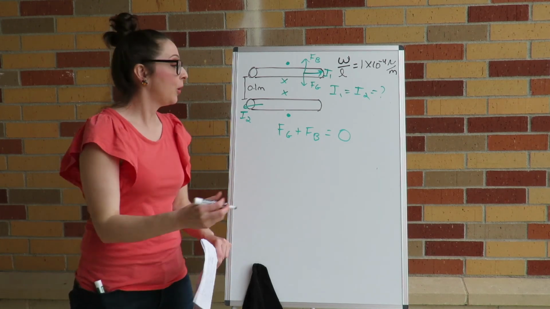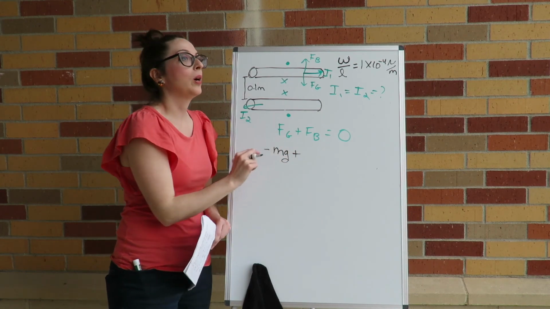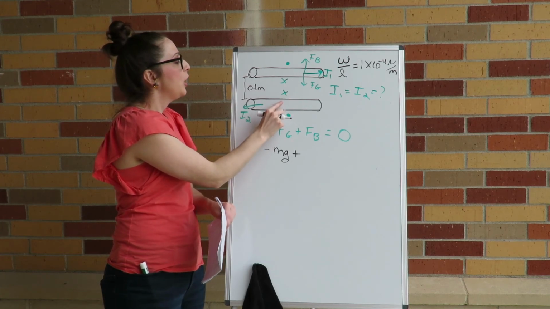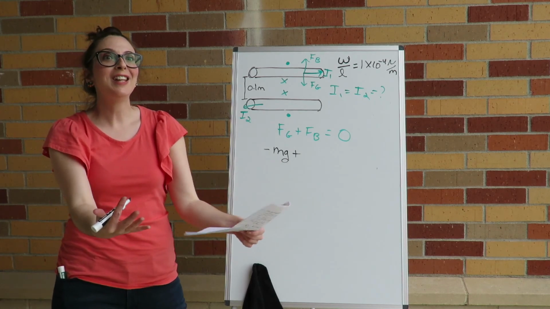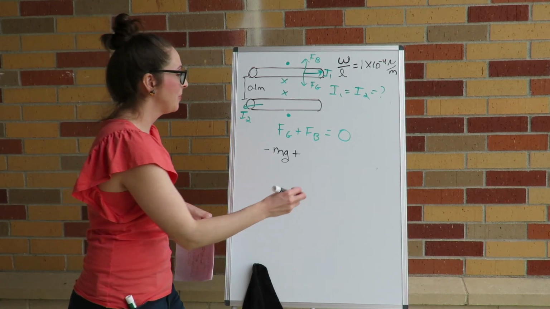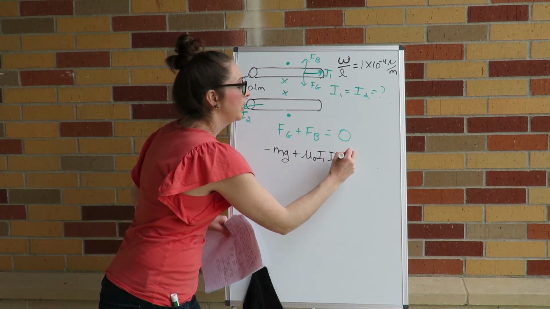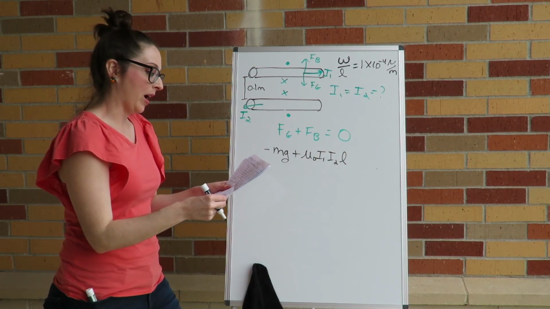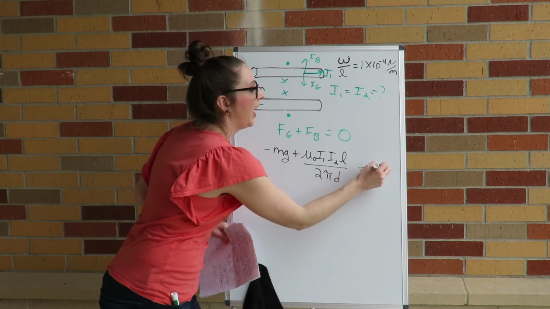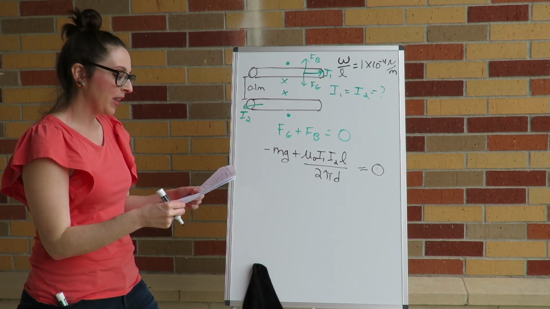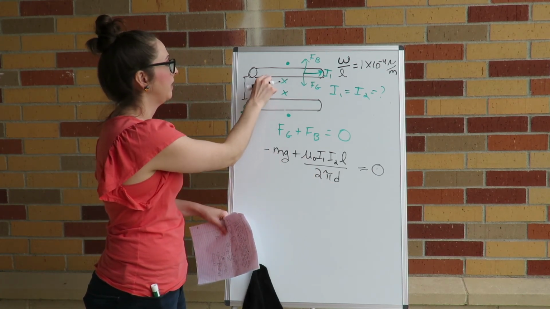My gravitational force is going to be minus mg, and then my magnetic force acting on this top wire due to the magnetic field coming from the second wire, which we just derived in the previous segment when we were outside on the sidewalk, is equal to mu 0 I1 I2 times the length of our wire divided by 2 pi d. And that all has to equal 0. And d is our distance between these two wires here.